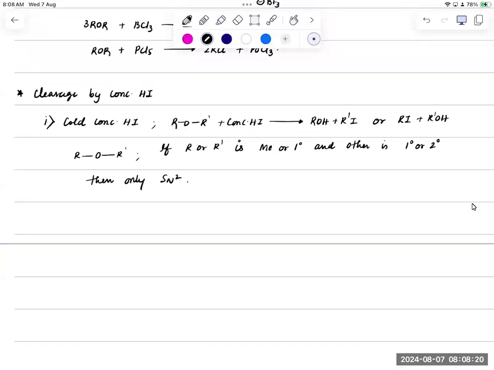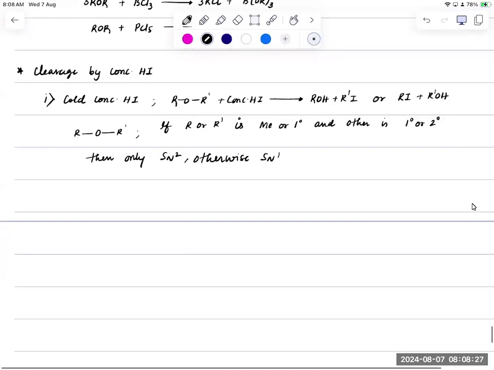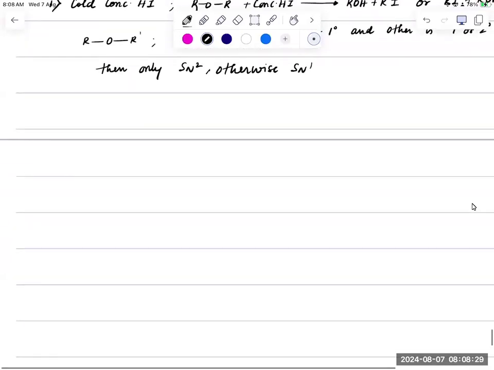Then you see only SN2, otherwise SN1. Let me show you examples and let you know this.